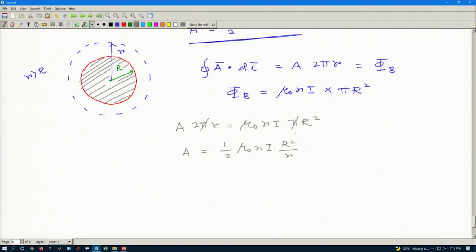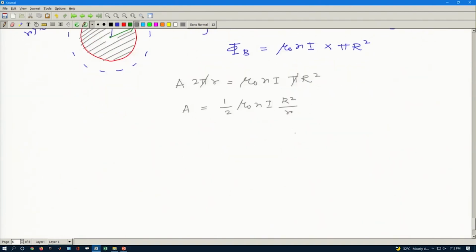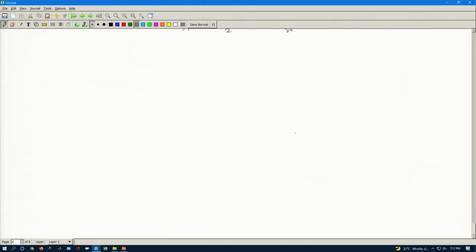So, you can see that outside the solenoid the magnetic field is 0, but the value of the magnetic vector potential is non-zero. If I plot how the magnetic vector potential is changing with respect to r, we have something like this.